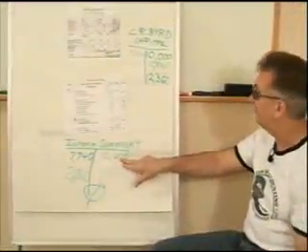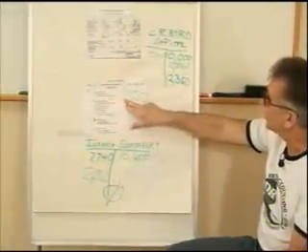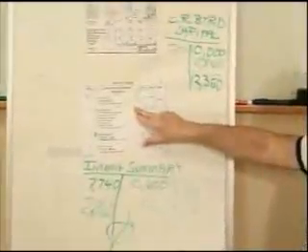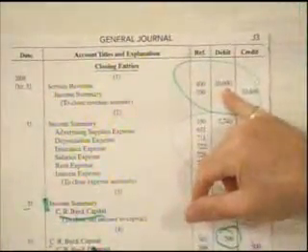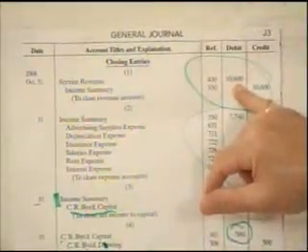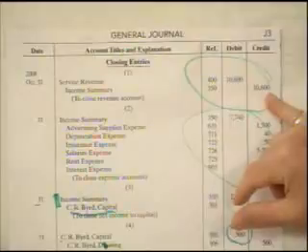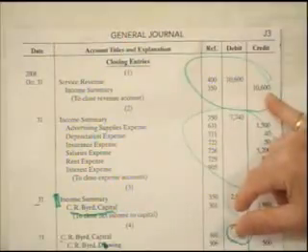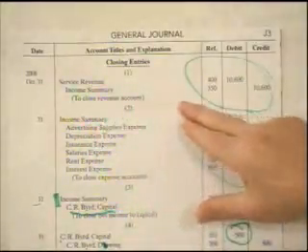And this would actually be physically posted. These entries right here would be physically posted into the general ledger accounts. We'd post $10,600 into service revenue, and of course now its balance would become zero. And we'd post the $10,600 credit into income summary, and that would be the balance in it. Again, there's the explanation.